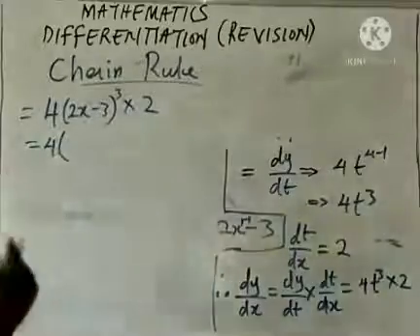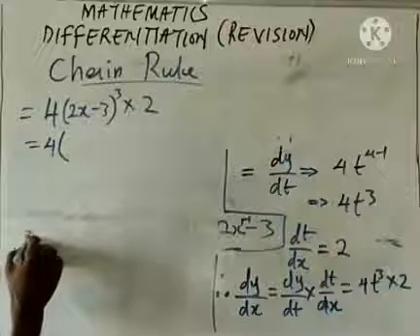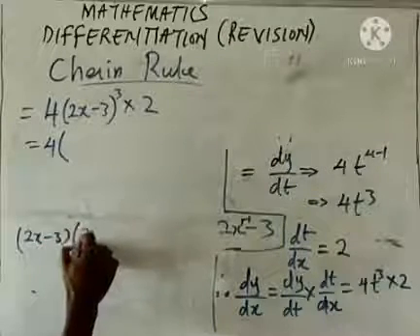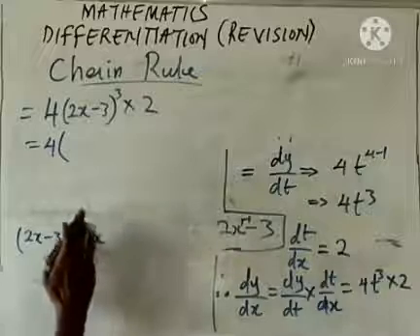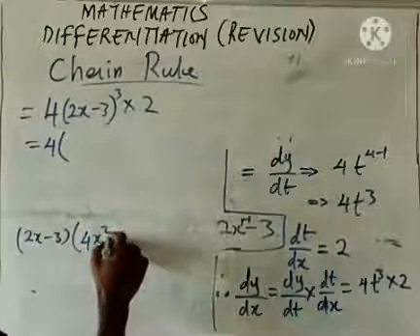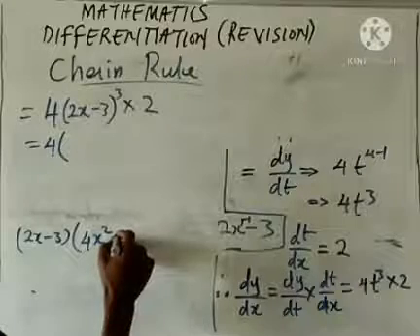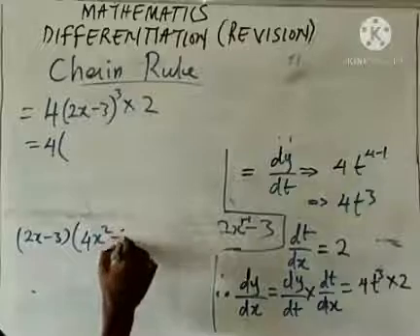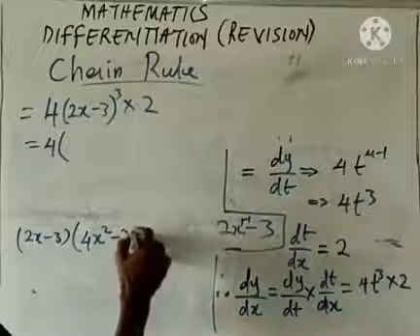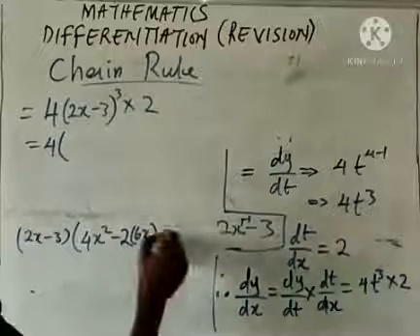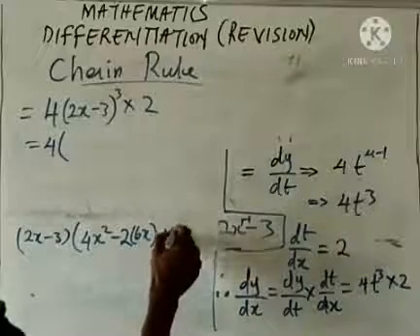So let's go and check this. If I have the square of this, that'll be 2x minus 3 into 4x squared plus or minus 2 into 6x, that'll be plus 9.